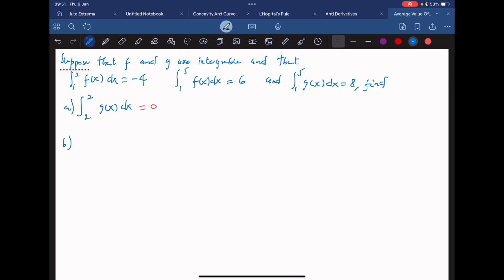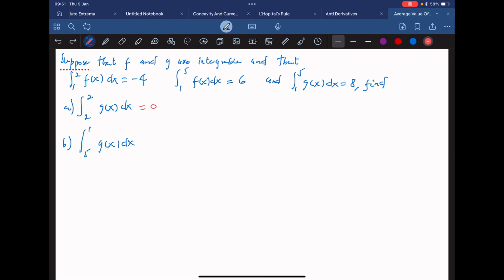For the second one, we have to find the integral of 5, 1 g of x dx. So in that case, let's see, were we given this in our question? It looks something like this right here. But now, instead of 5 to be over here, they've interchanged it, right?